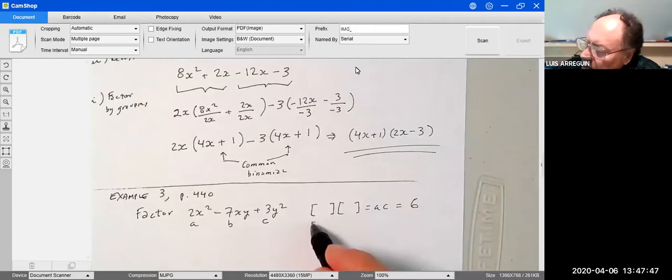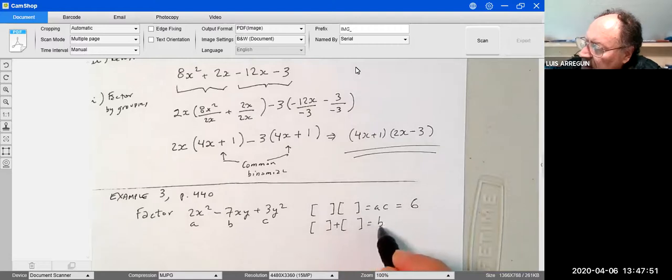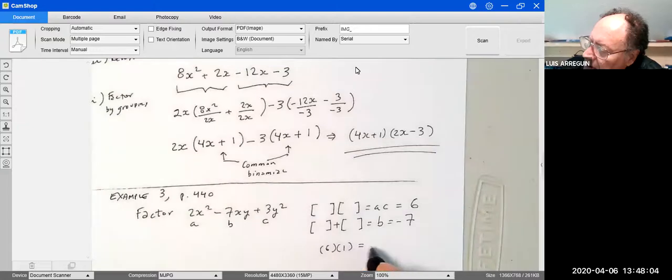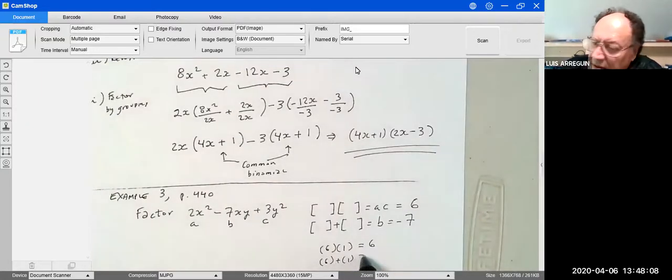And then I need two numbers, the same two numbers, that if I add them up, I get the middle term. This time, the middle term is just negative 7. So what are those factors? Immediately you know that 6 times 1 is going to be 6, and 6 plus 1 is going to be 7.